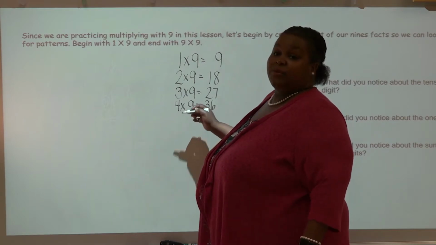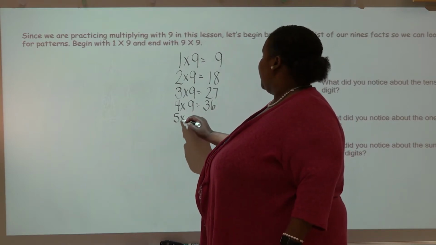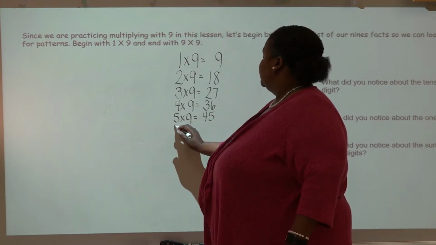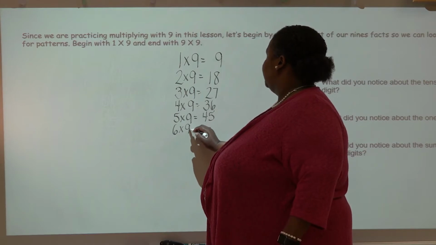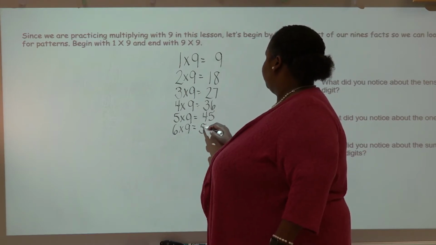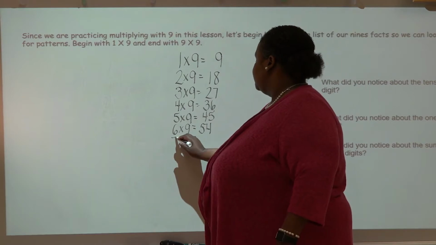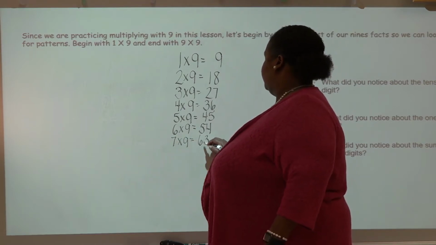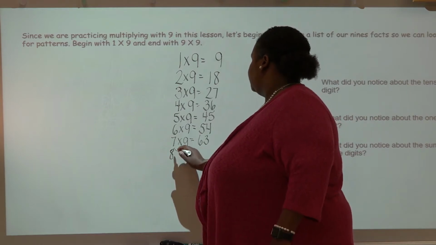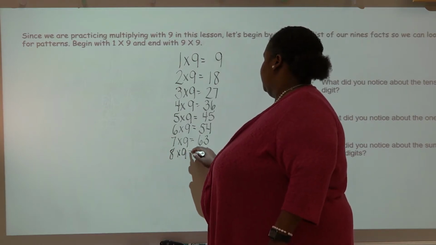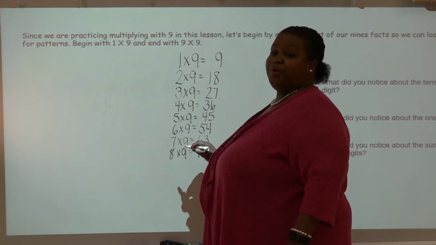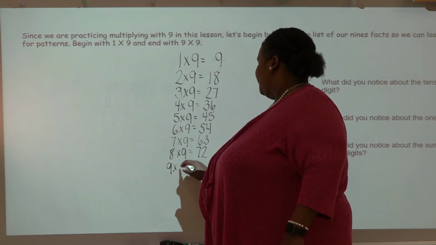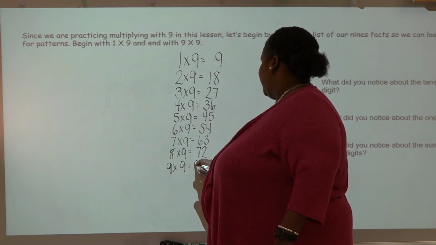It helps me to say it when I'm writing it. 5 times 9 equals 45. 6 times 9 equals 54. 7 times 9 equals 63. 8 times 9 equals 72. One more to write. Did you keep up with me? And 9 times 9 equals 81.